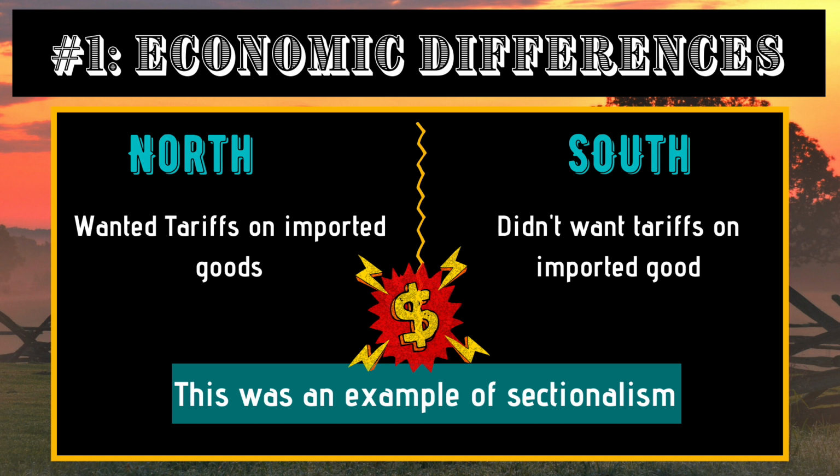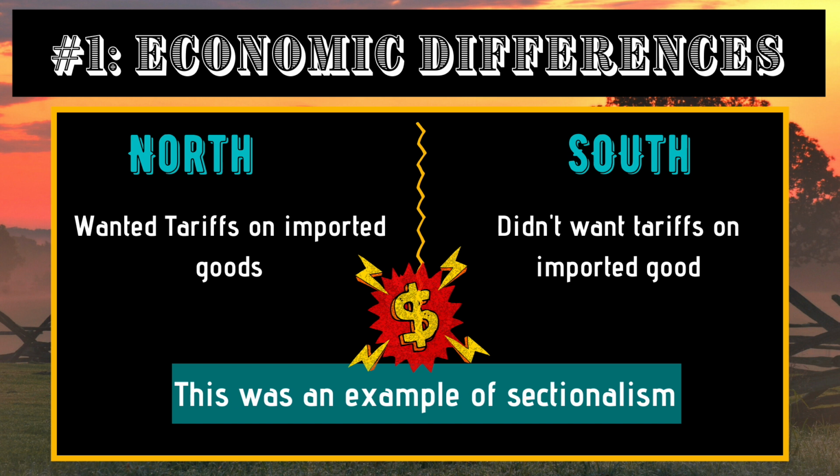So as I stated before, the South did not want to pay these tariffs because they had imported goods and they didn't want to pay those high tariffs. So they did not support tariffs on imported goods. And so they were thinking in the best interest of their region and their region only, as well as the northern region. The northern region wanted to have tariffs on these imported goods because it would force people to buy American.